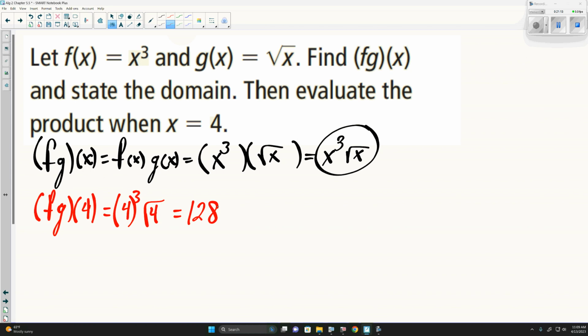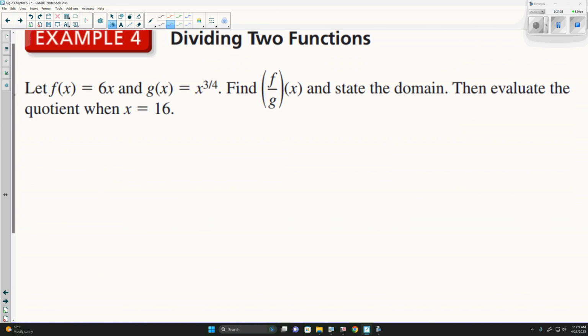So if we are multiplying like bases, as long as you're not having to switch it out of radical form, follow those properties. So if we multiply two like bases, we add the exponents. So with this here, division, f divided by g of x is the same as saying f of x divided by g of x.